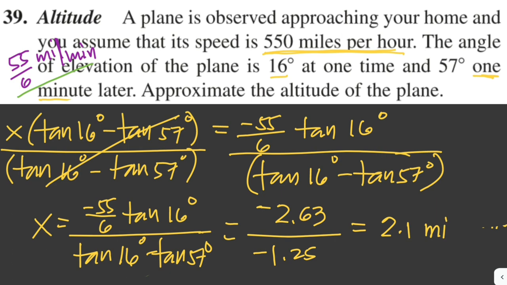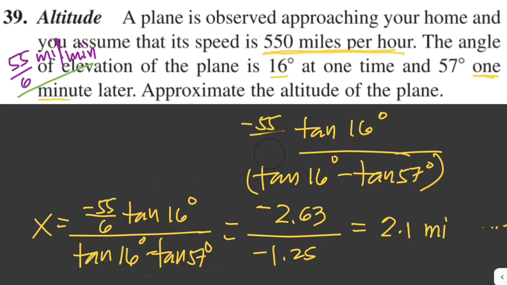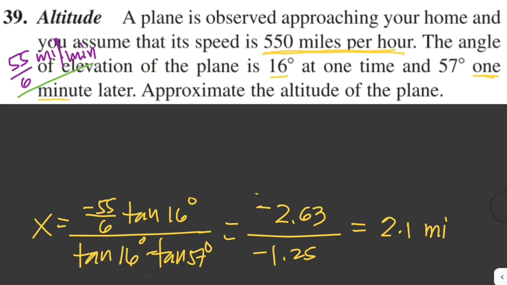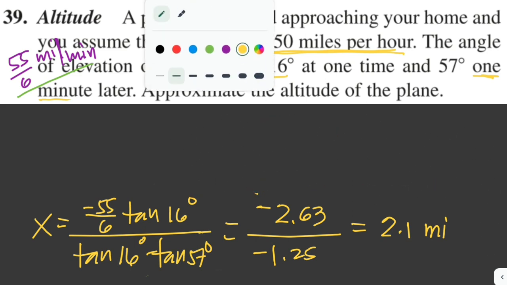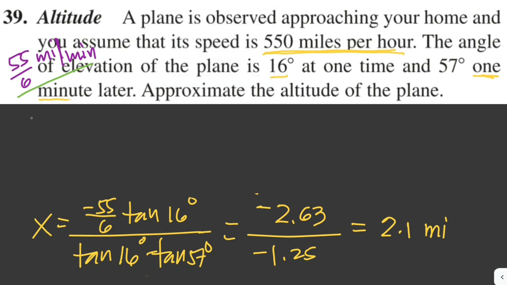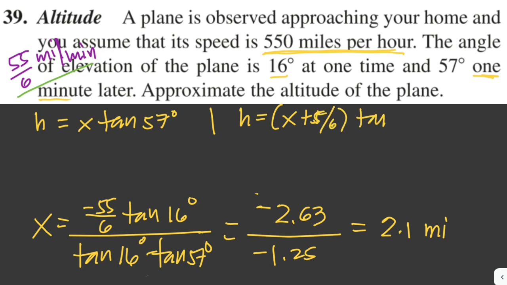Miles. Now we have the value of x, so we can plug in to that equation that has an elevation of 57 degrees. Because I already deleted it, I'll just write it again here. So h equals x tangent 57 degrees, and the other one is h equals x plus 55 over 6 tangent 16 degrees.